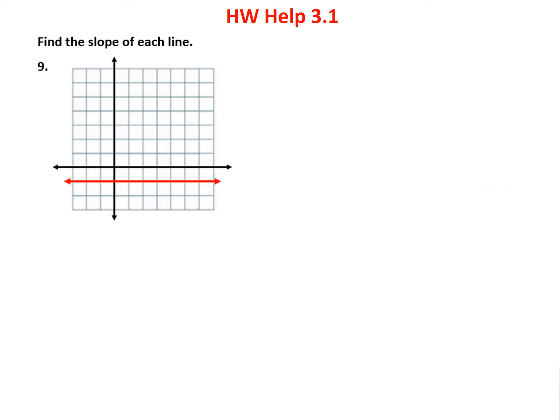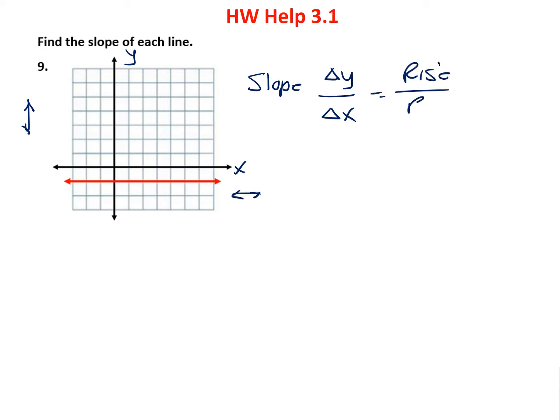All right, number 9 is a repeat of number 7. If you go back to number 7, we said that horizontal lines always have a slope of 0. But if you forget that, let's just remember what slope is. It's the change in y, the up and down change, over the change in x, the right and left change, sometimes called the rise over the run.